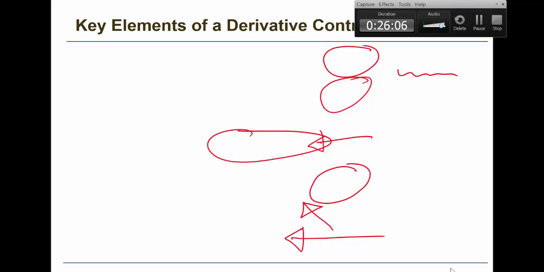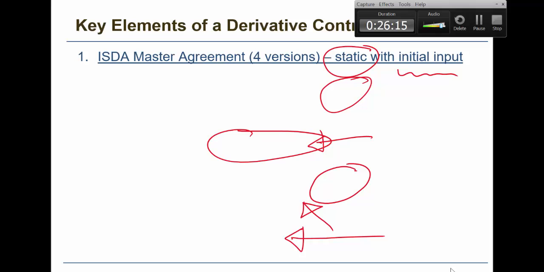Now, for a derivative contract to be valid, there are 5 elements to it normally. Okay, there is what we call the master agreement. There have been some revisions, so now there are 4 versions, so people normally will just use the latest one.